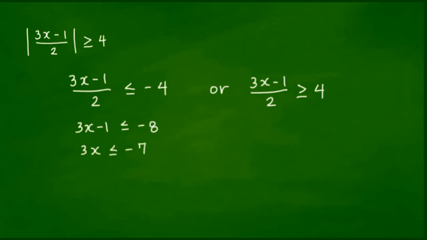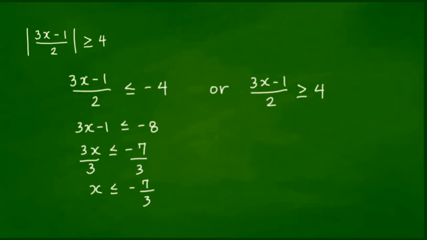You will get negative 7, and finally we divide both sides by 3. It is a positive number, so it will not change the direction of the inequality. So we will get x less than or equal to negative 7 over 3.